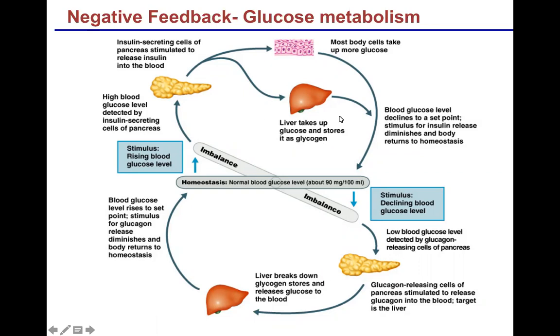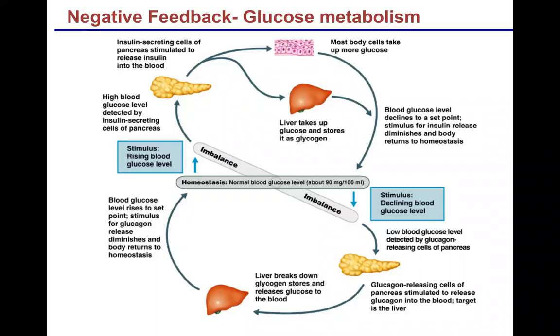On the other hand, the function of glucagon is to convert glycogen into glucose. So it's just the opposite. These two hormones secreted by the same organ work opposite to each other in order to keep homeostatic control.